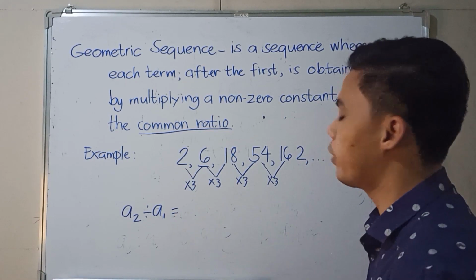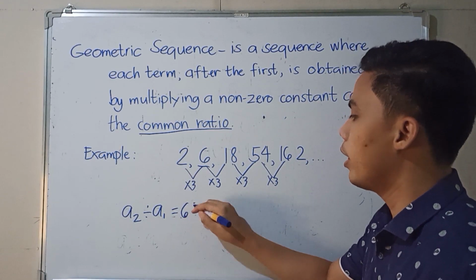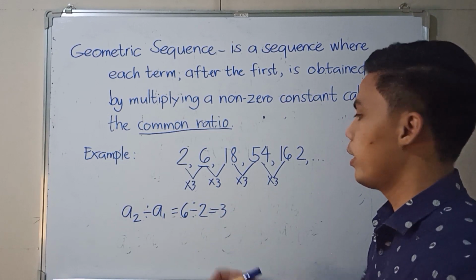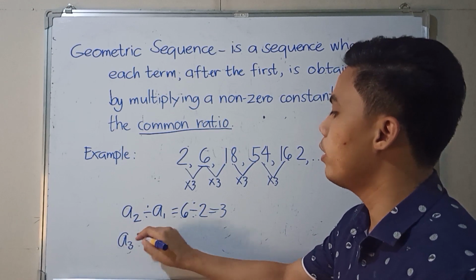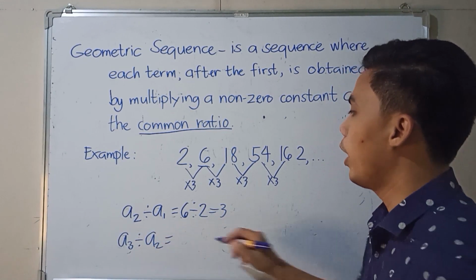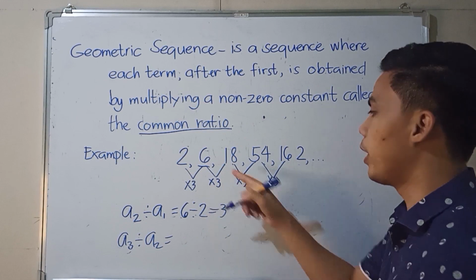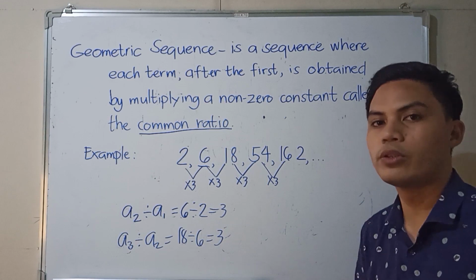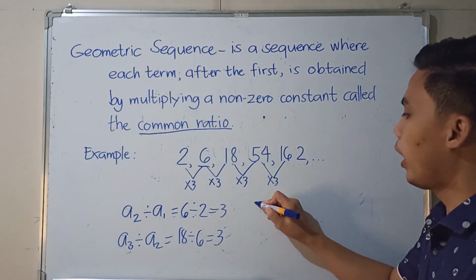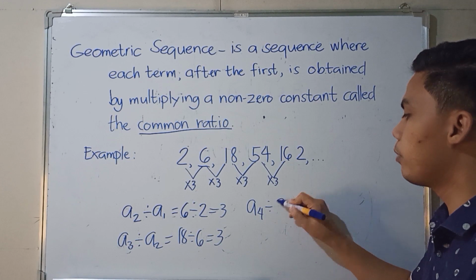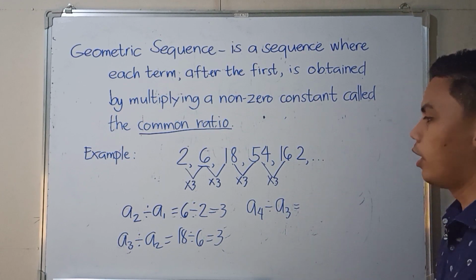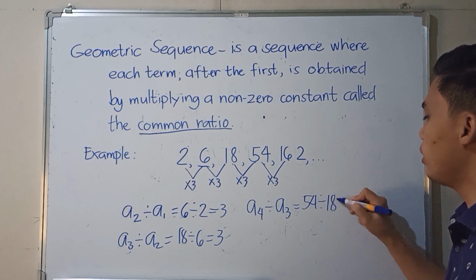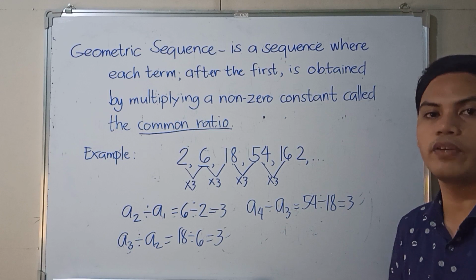Okay, so a sub 2 divided by a sub 1, that is 6 divided by 2, which is equal to 3. We can also use a sub 3 divided by a sub 2. A sub 3 na 18 divided by a sub 2 na 6 is also equal to 3. A sub 4 divided by a sub 3, a sub 4 is 54, divided by 18 is also equal to 3.